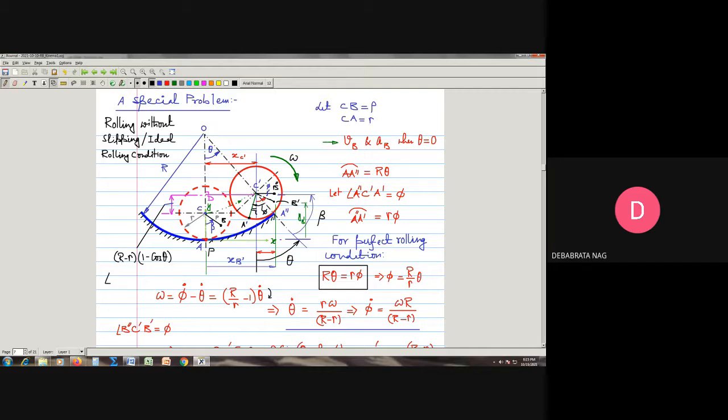We say that it should be the angle B double dash C dash A double dash, correct? This angle is going to be equal to how much? This angle is going to be equal to beta, correct?